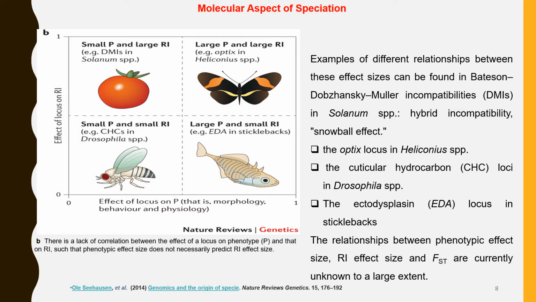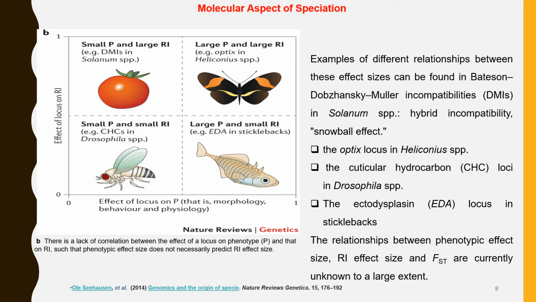Now, if you see, in the case of Solanum species, there is a small difference in phenotype but a large difference in the reproductive isolation mechanism, basically hybrid incompatibilities. In the case of Heliconius species, a large phenotypic variation as well as a large reproductive isolation is observed.